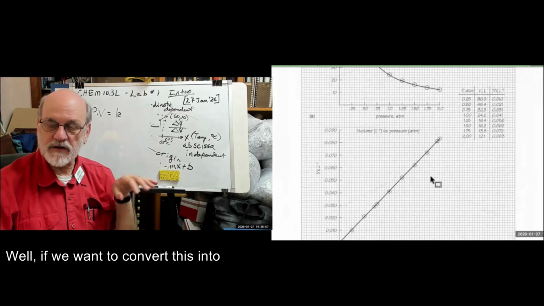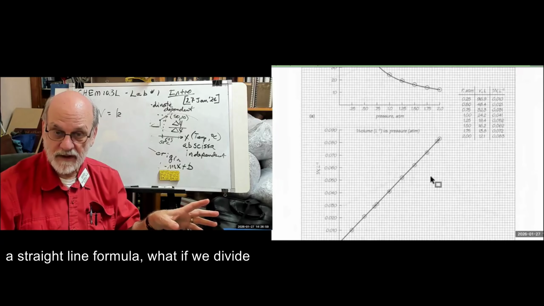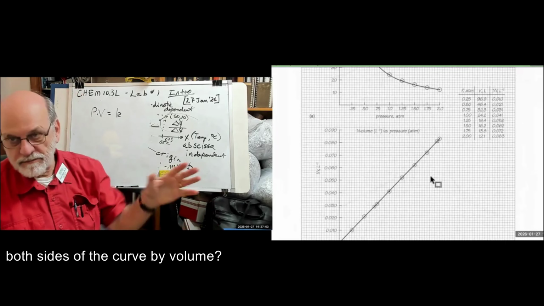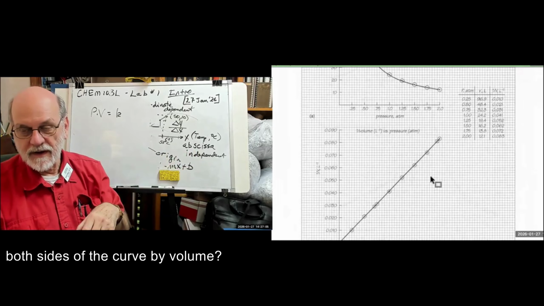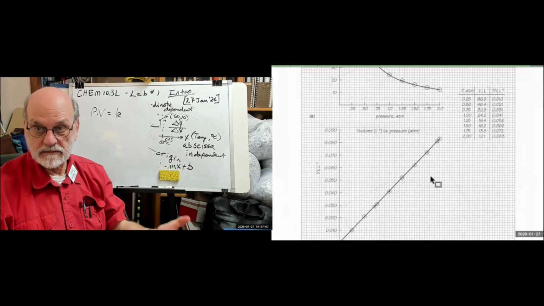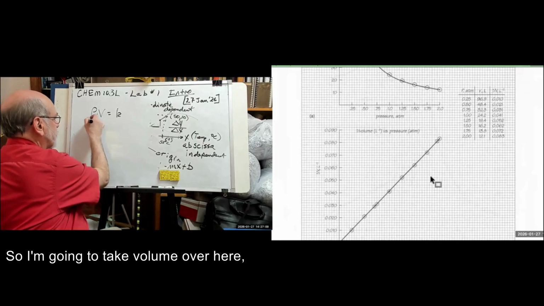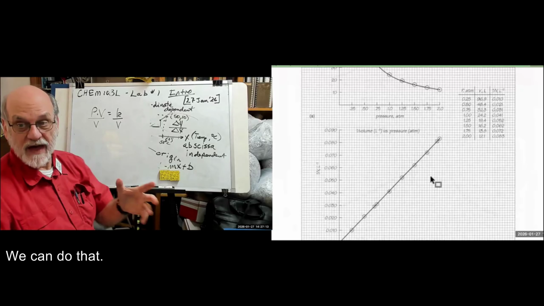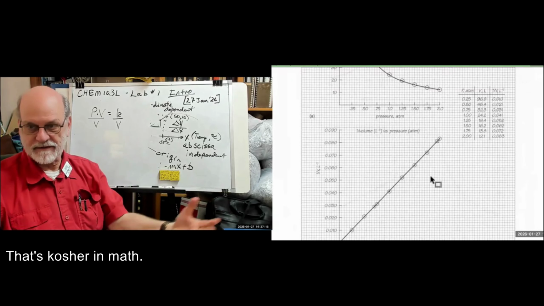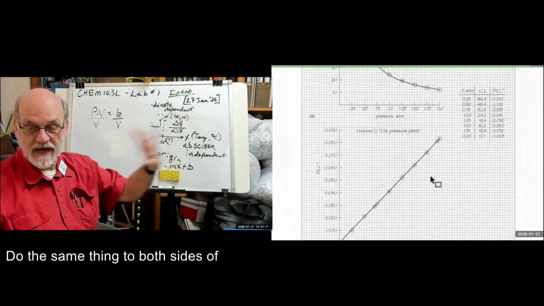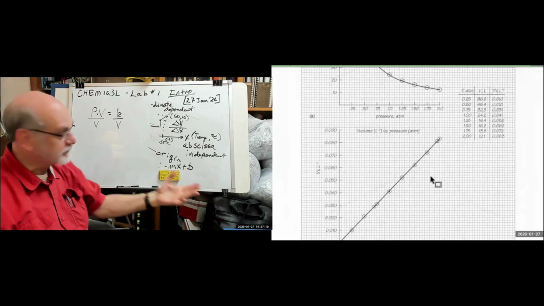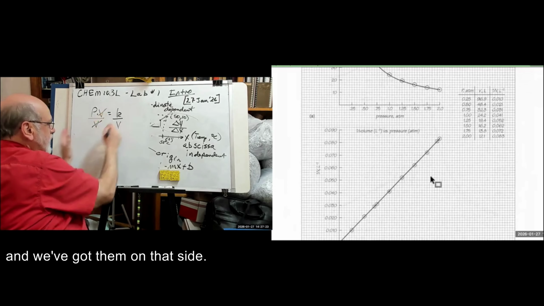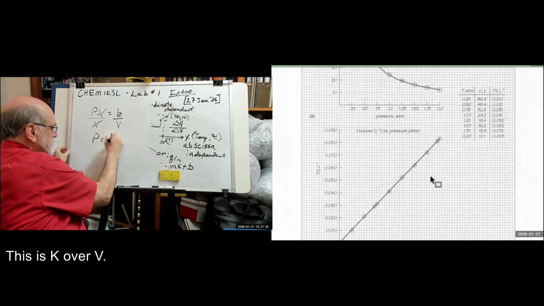Well, if we want to convert this into a straight line formula, what if we divide both sides of the curve by volume? So I'm going to take volume over here, volume over here. We can do that. That's kosher in math. Do the same thing to both sides of the equation. You haven't changed it. So now the volumes cancel on this side, and we've got them on that side.